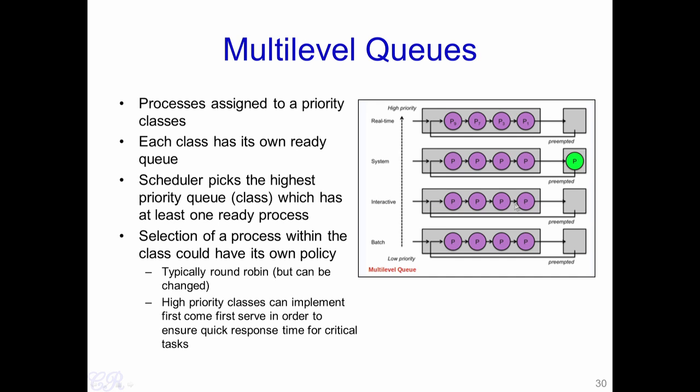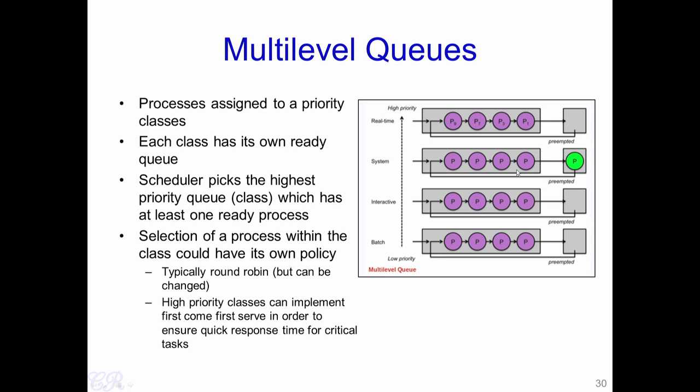Now, at the end of a time slice, when the scheduler executes, the scheduler picks the highest priority class which has at least one ready process. So, for instance, the scheduler will scan through these priority classes starting from the highest priority to the least priority, and it will select that particular priority class which has at least one process in the ready queue.